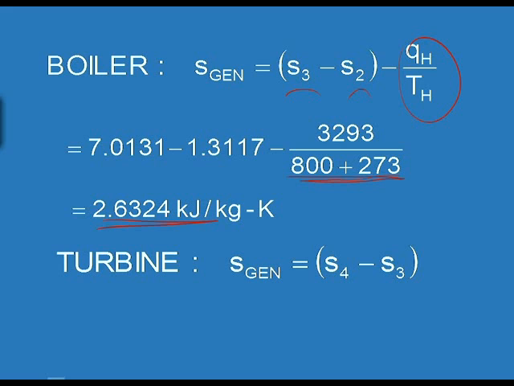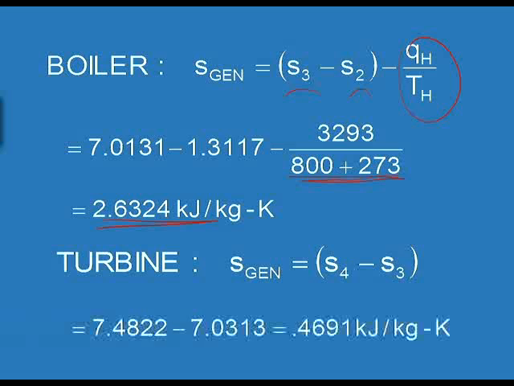Whole lot of entropy generated in the boiler, and that's not unusual. There's a lot of driving force there. A lot of high gradients in your boiler produces a lot of entropy. In your turbine, where the efficiency of the turbine compared to isentropic behavior was 85%, we're naturally going to have some entropy generated there, and that comes out to 0.46.